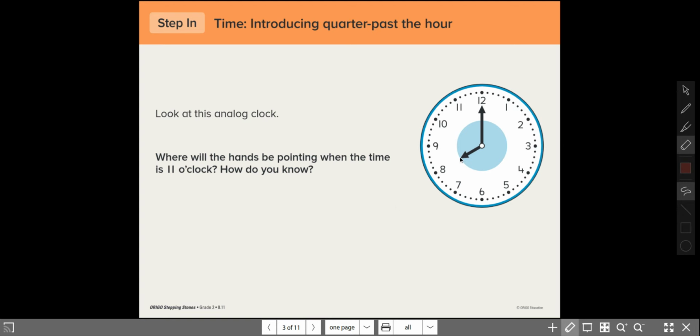Right now, this clock shows 8 o'clock, and I know this because the hour hand, the small hand, is pointing to the 8, and the minute hand, the longer hand, is pointing up towards the 12.